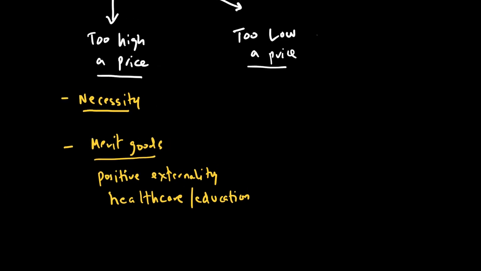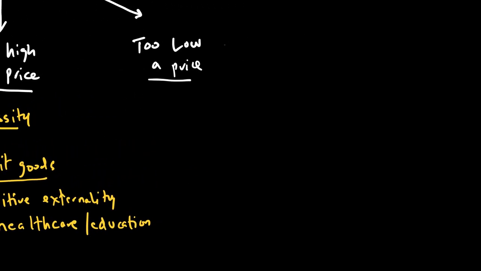Lastly, when it comes to too low a price, that's also a problem. Too low a price means producers may suffer. So government may decide that the price is too low, and if it's impacting producers, for example, in agriculture, we know the farmers will probably decide not to produce the good.